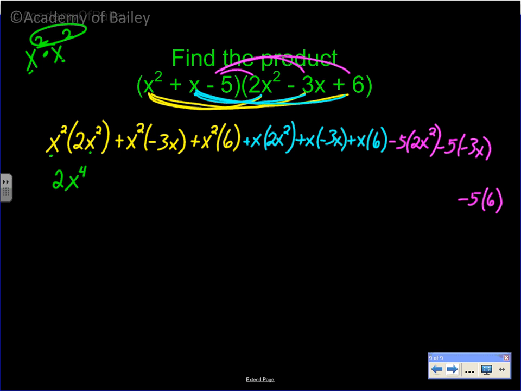The next one, we're going to have a positive times a negative, so we know that's a negative. 1 times 3 is 3, and x squared times x is x cubed. Moving on, a positive times a positive is a positive, and x squared times 6, 6x squared.